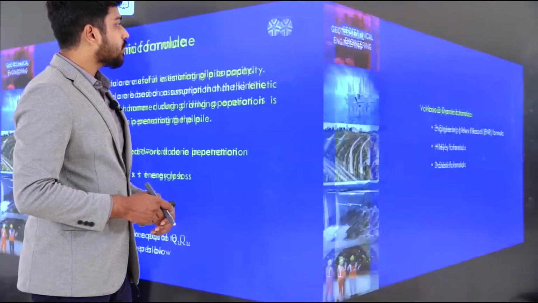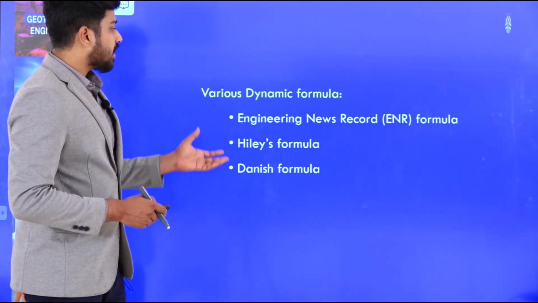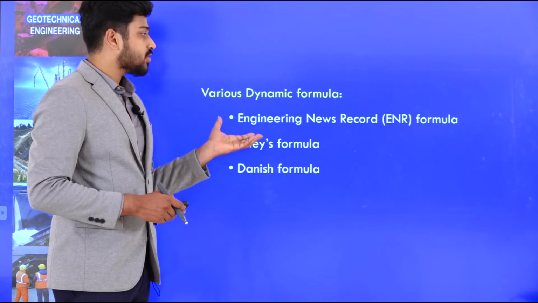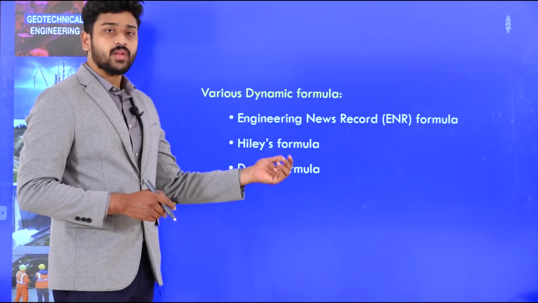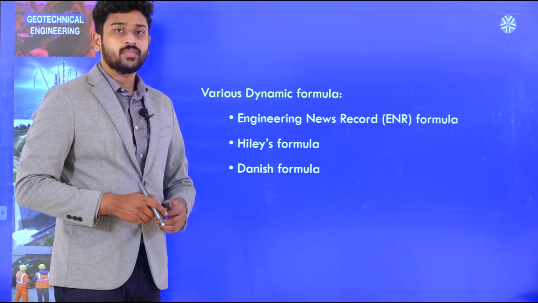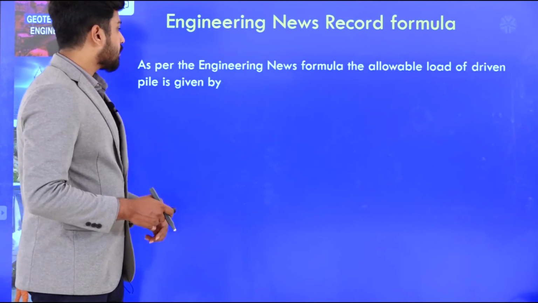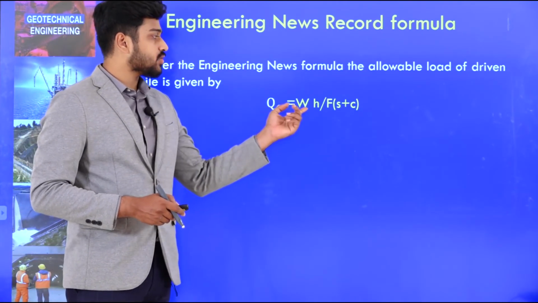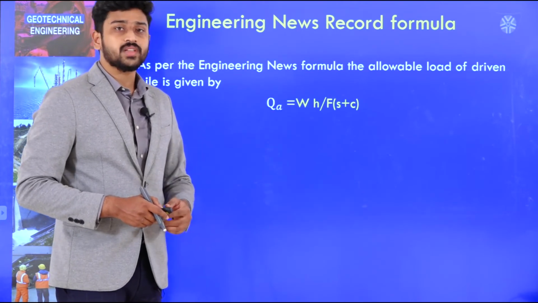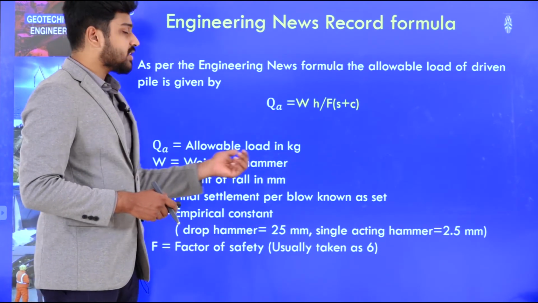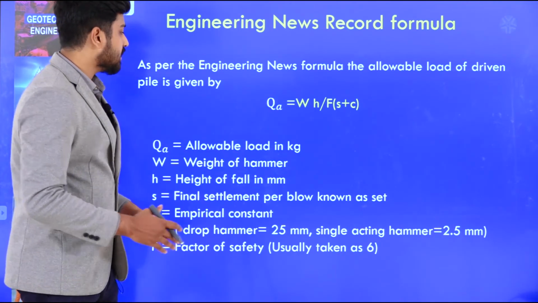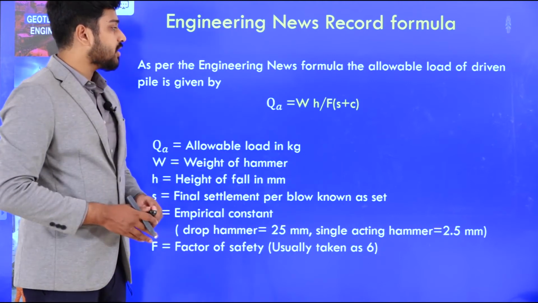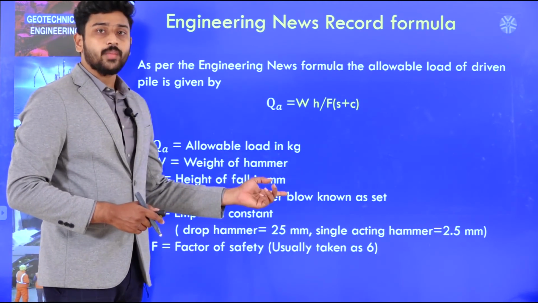And then coming to the others, there are different dynamic formulas available. You may refer to either the Engineering News Record formula or Hiley's formula or the Danish formula. Now let us look at the Engineering News Record formula, where it is given by QA equals WH by F into S plus C, where QA is the allowable load in kg and W is the weight of the hammer and H is the height of fall in mm.